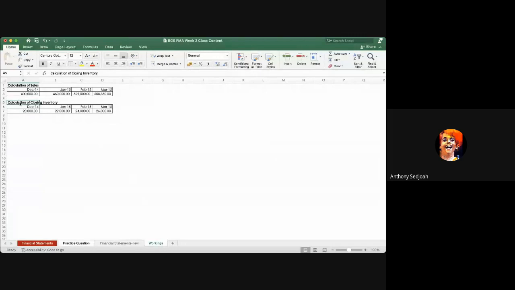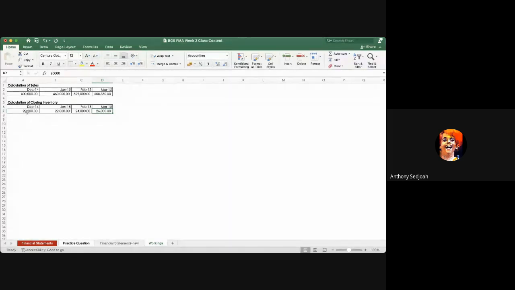The question also gave us a way to calculate the closing. It gave us the closing for December 2014, and then it told us that it increased by 2,000 in January, and by another 2,000 in February. In March it's going to be 26,000. If closing for one month is the opening for another month, then if we know the closing, automatically we will know the opening too.